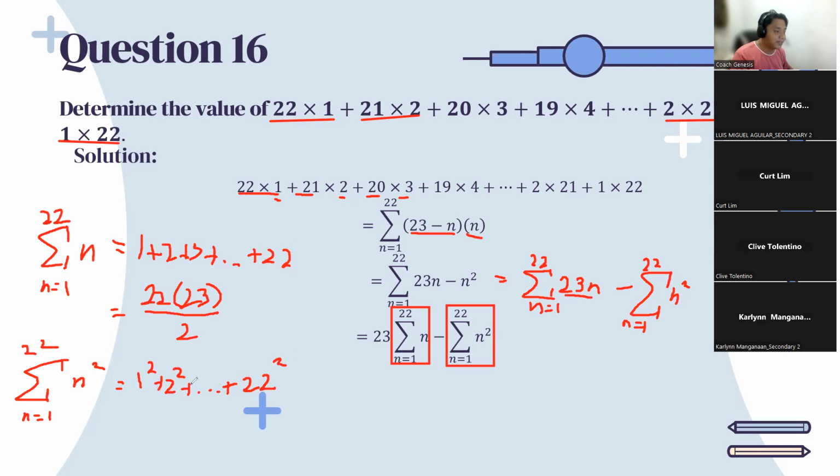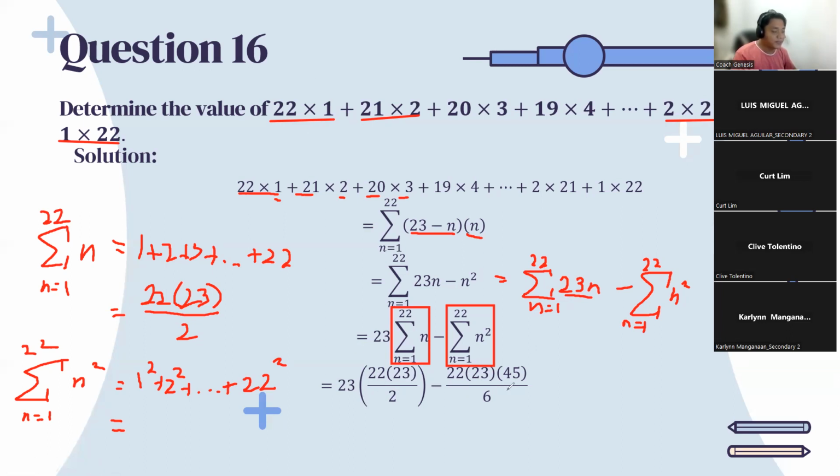22 squared, which is n times n plus 1 times 2n plus 1. Okay. So here, you have 22 times 23 over 2.